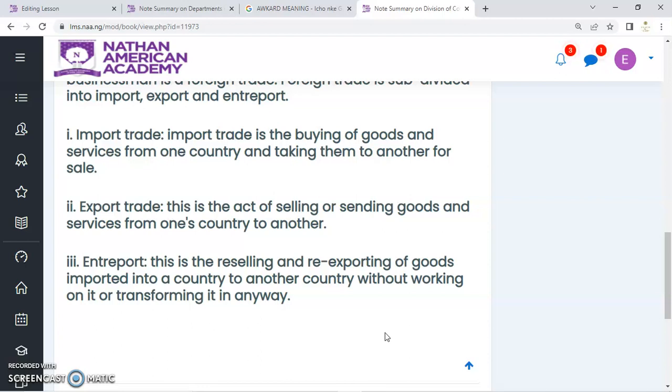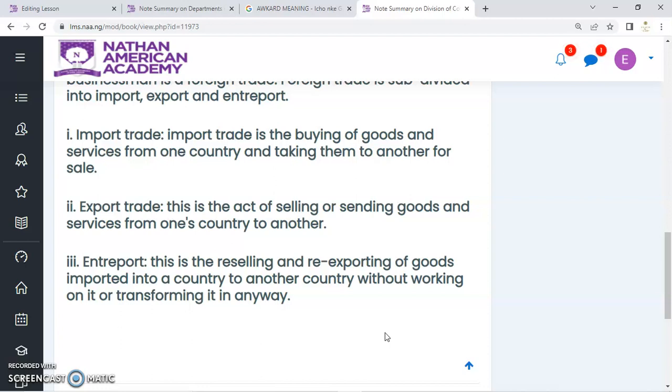Let me take that again. Nigeria grows cocoa, and a trader from Ghana came to Nigeria to buy cocoa pods and took it to Ghana. That already is an international trade.